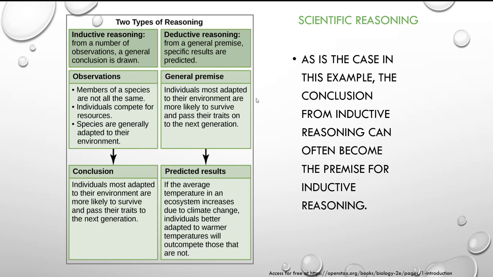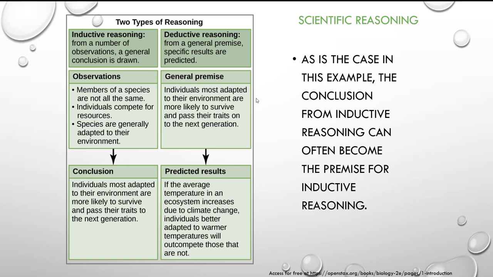Okay? So you can see there's a difference here. In deductive reasoning, I already have a conclusion. I already know, from inductive reasoning, survival of the fittest: individuals that are better adapted to their environment will more likely survive and pass their genes on to the next generation.